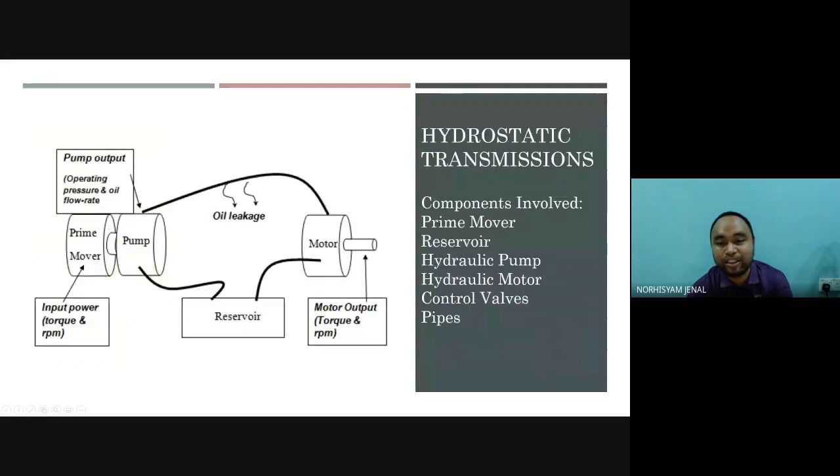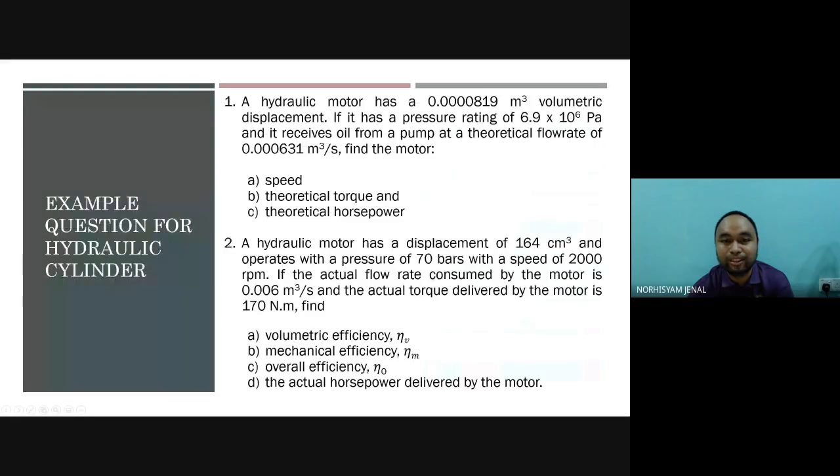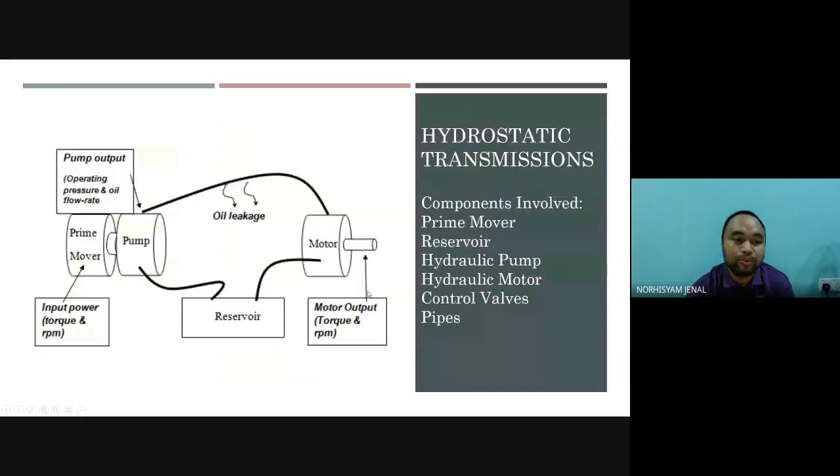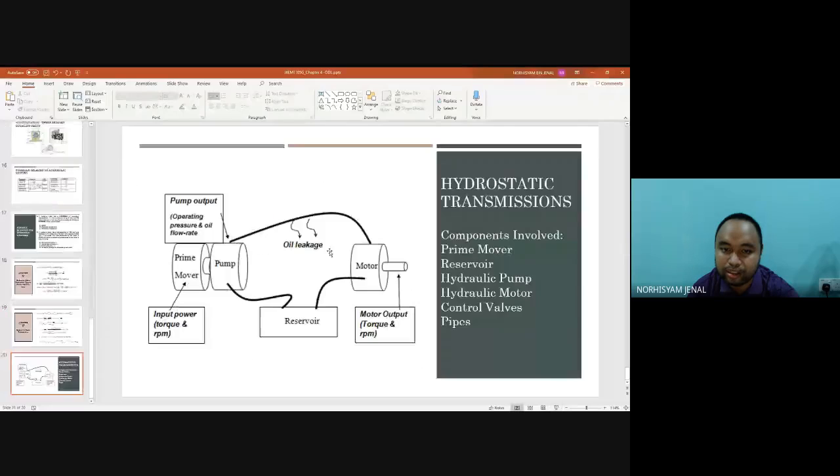I have the answer actually, cuma saya nak suruh awak buat sendirilah so that at least you get an idea on how to do the calculation. Alright? So kita tak jawab dulu. Kita akan bagi awak the next page. So let me do this first. Hydrostatic transmission. Or hydraulic transmission. I think this is hydraulic transmission. Not hydrostatic.